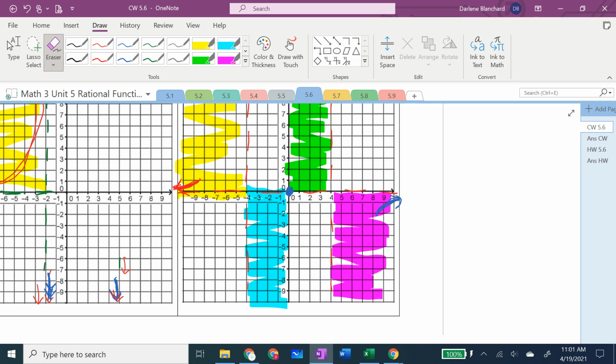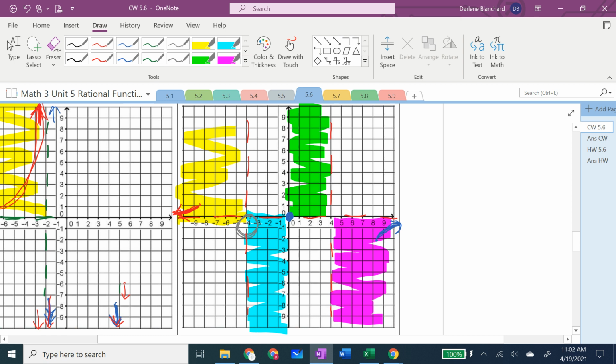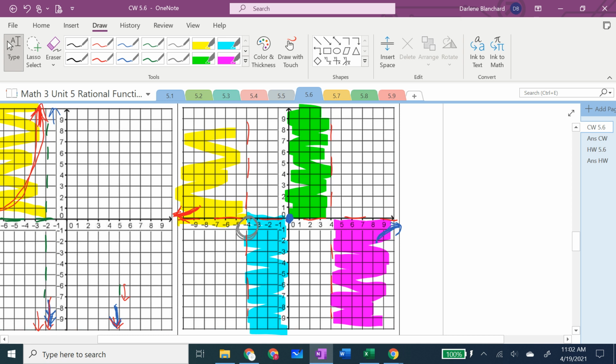Now, I have two vertical asymptotes. Vertical asymptote number 1, -4. It has a left side and a right side. For the left side, I am either heading up or down. You can see that because I must exist only in the positive above the x-axis arena, I must be heading up, not down.